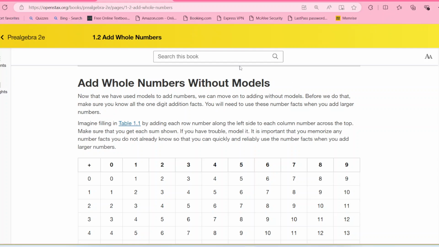So here we are, OpenStax.org. Their Prealgebra second edition text, section 1.2, Add Whole Numbers, and I'm in the heading Add Whole Numbers Without Models.